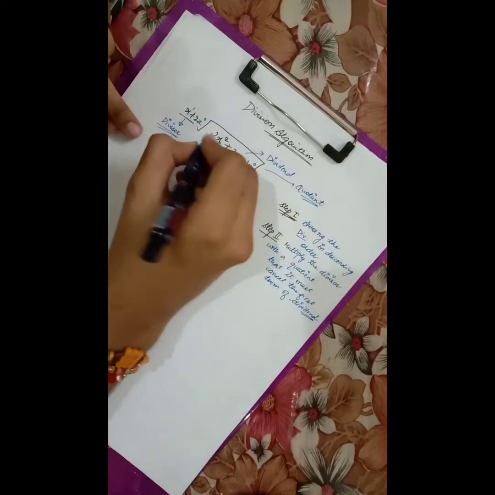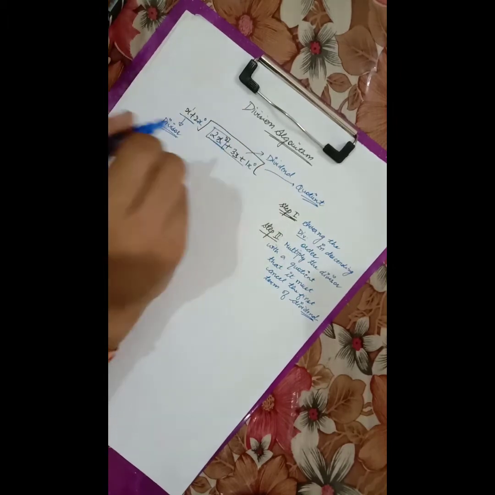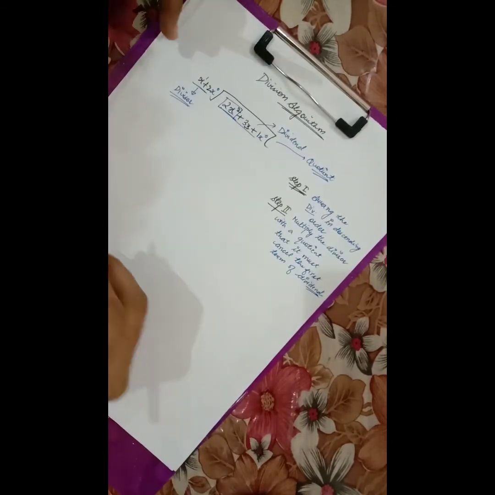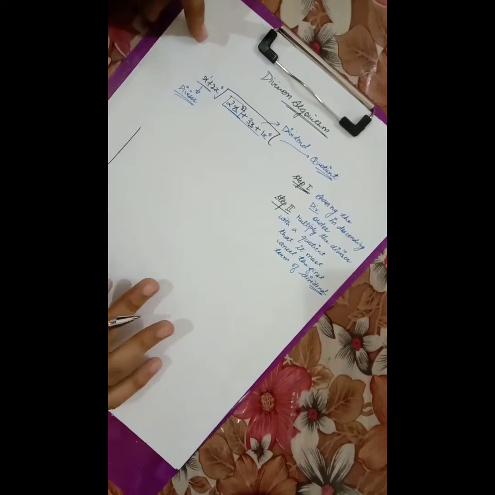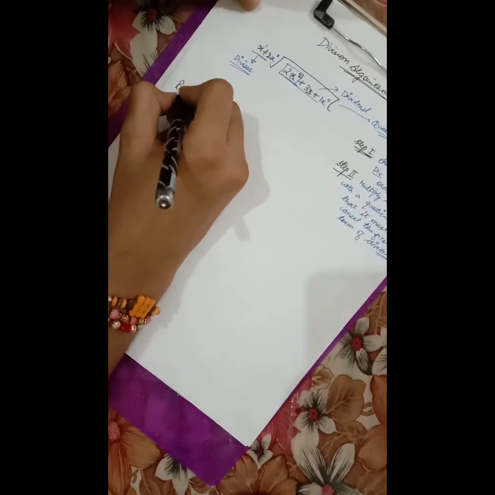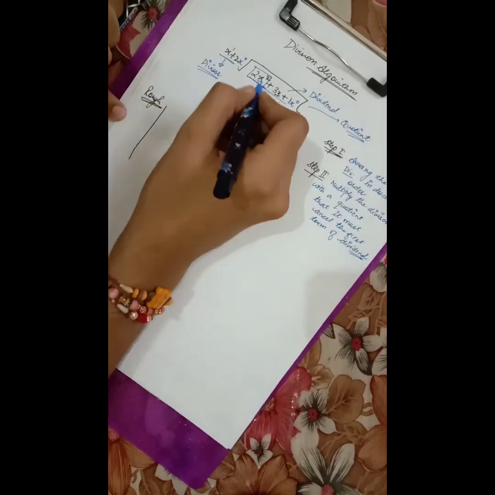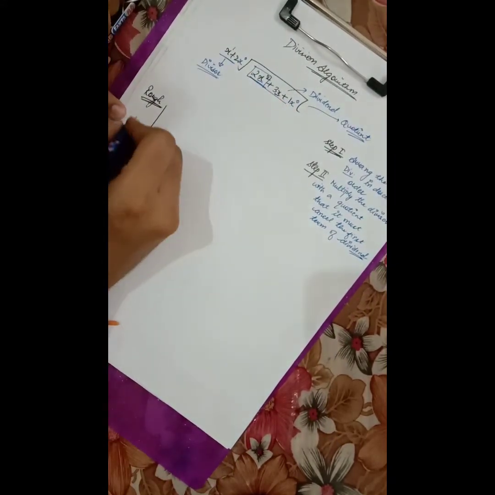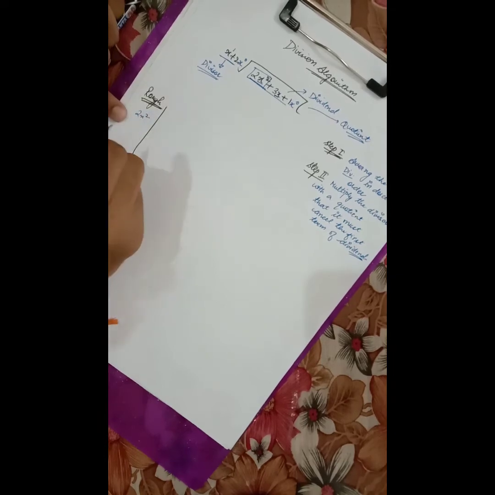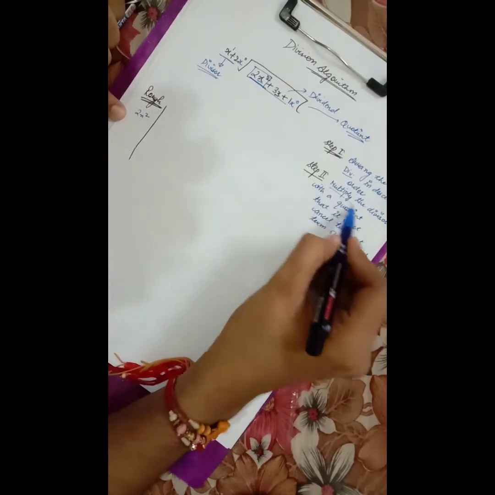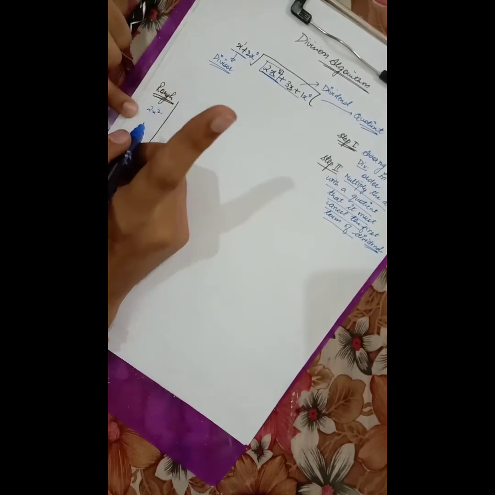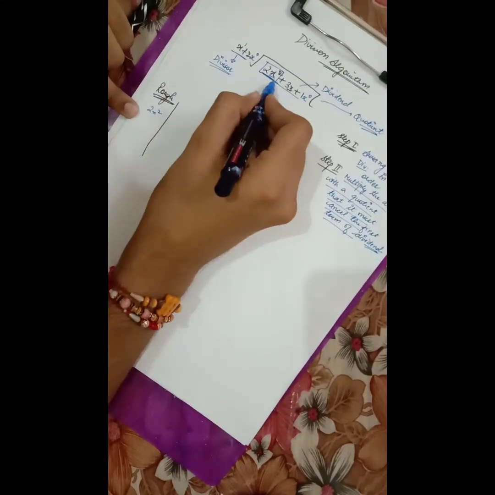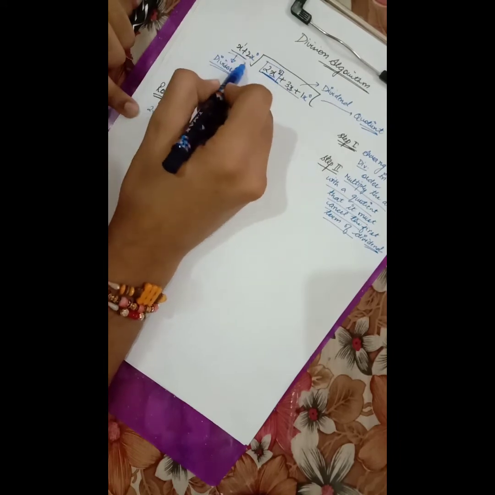Here the first term of our dividend is 2x square. Let us consider this side as rough work. The first term is 2x square, and step 2 says we have to choose such a quotient that the first term of the dividend is cancelled by the divisor.